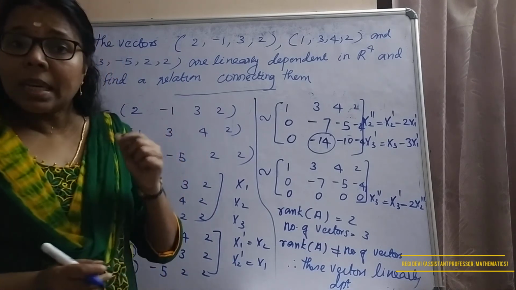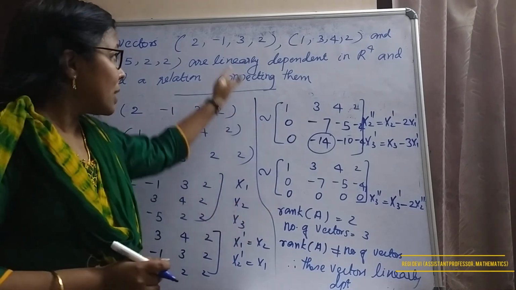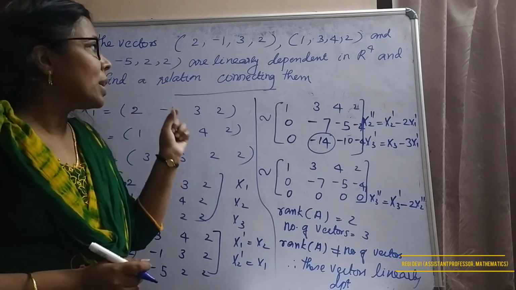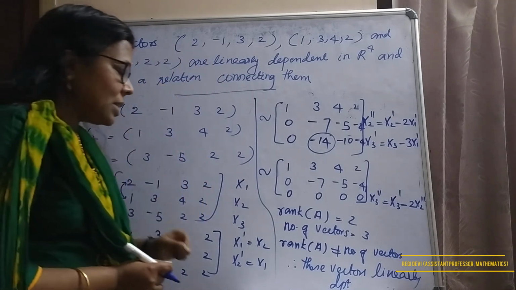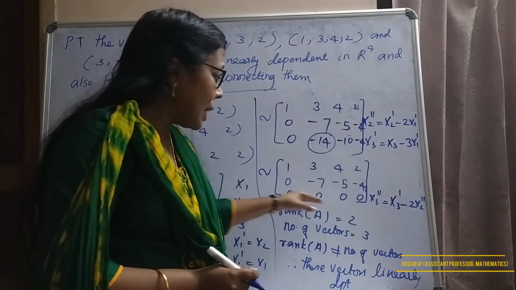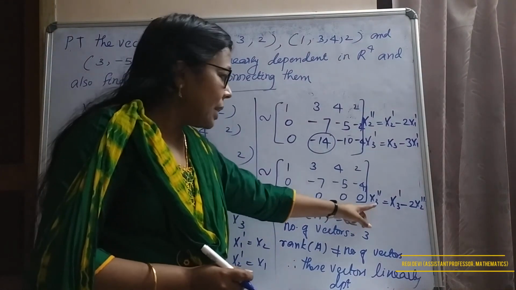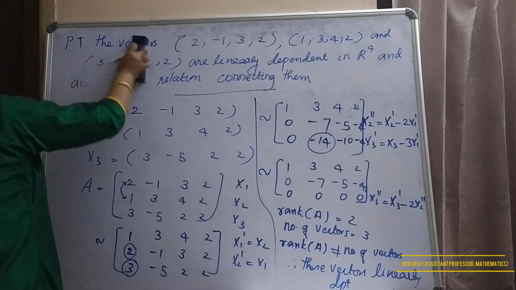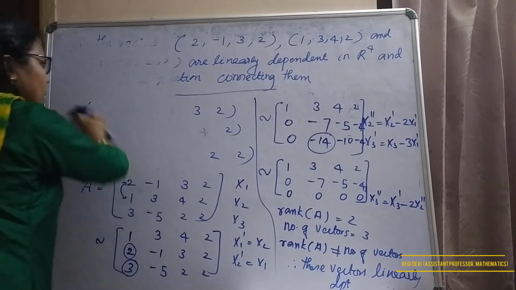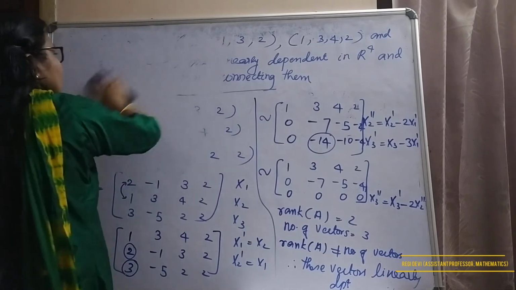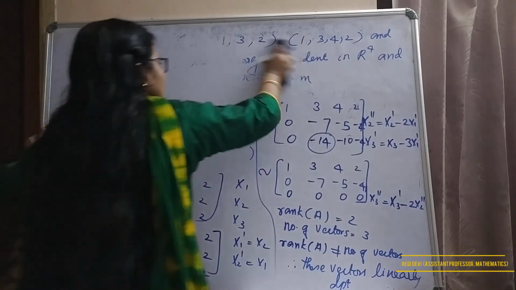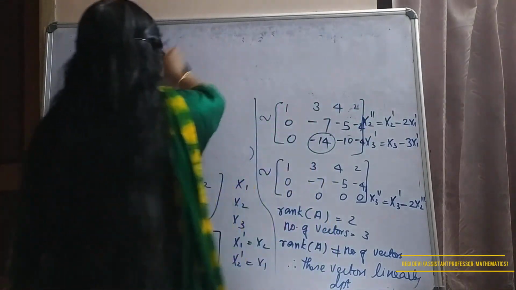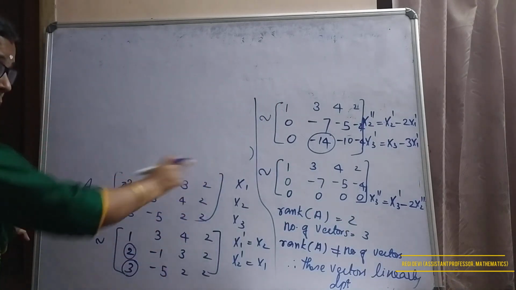Now, if these vectors are linearly dependent, then there should be a relation connecting them. Now we have to find the relation connecting them. For this, starting from here, the third row reduces to 0.